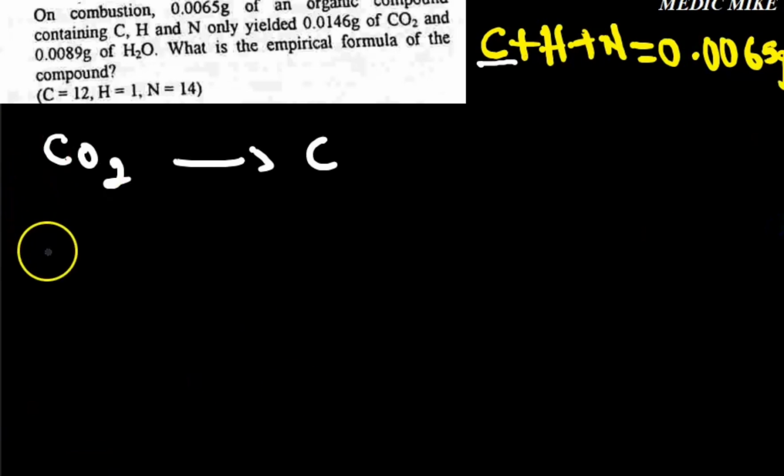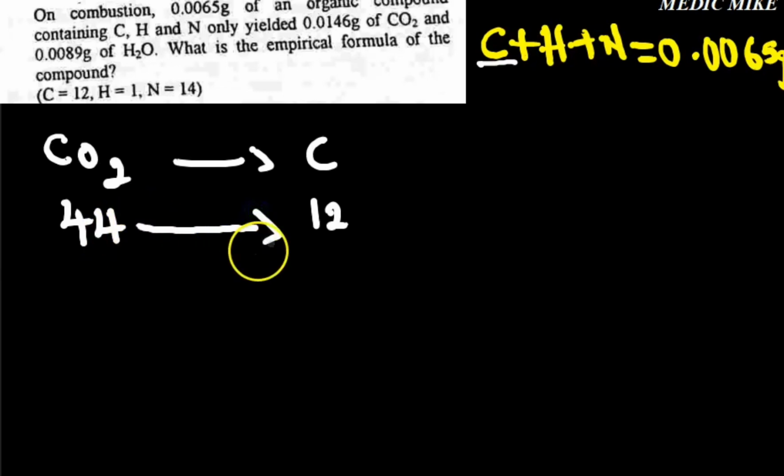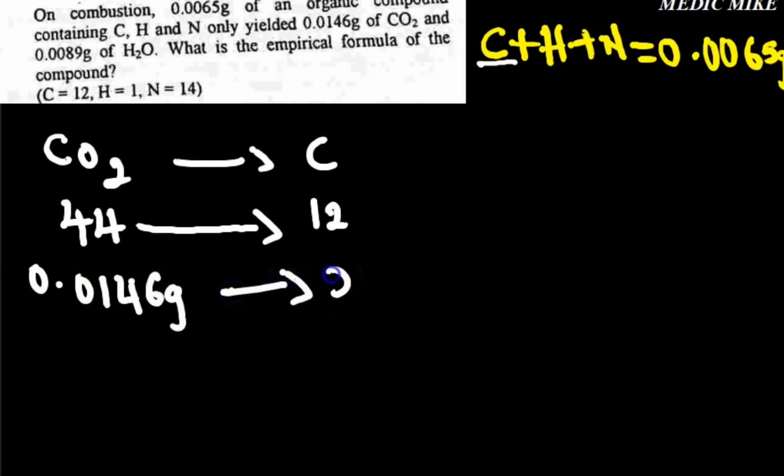So we are just going to be putting this value beneath them here. So you have 44 gram per mole here, and you have 12 gram per mole. Now, by simple comparison, we'll be saying if 44 gram per mole of CO2 was able to give us 12 gram per mole of carbon, how many gram of carbon will 0.0146 gram of CO2 give us? So here becomes X.